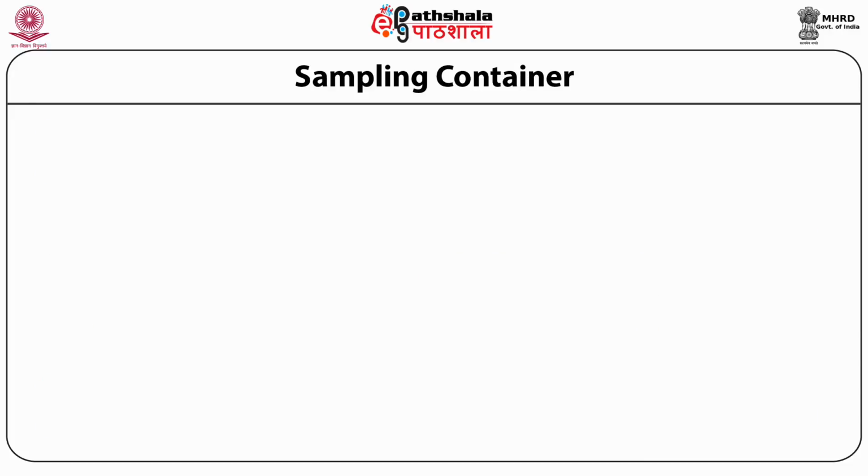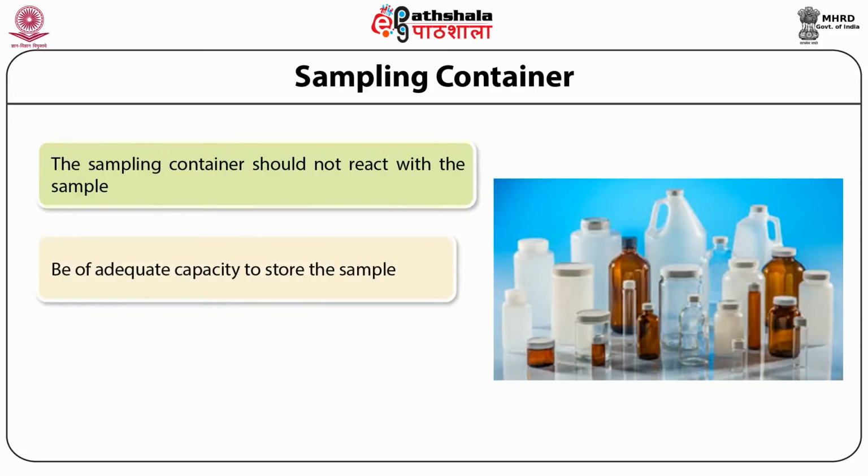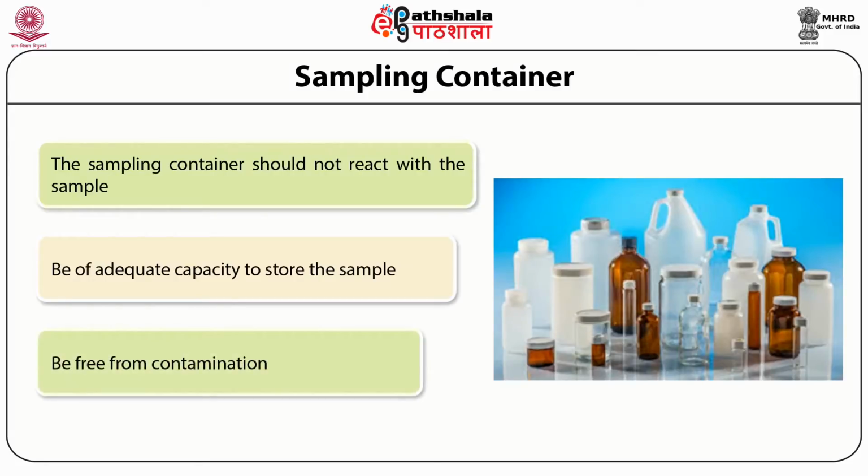Now we will discuss the sampling container. The sampling container should not react with the sample. It should have adequate capacity to store the sample, and it should be free from any kind of contamination.